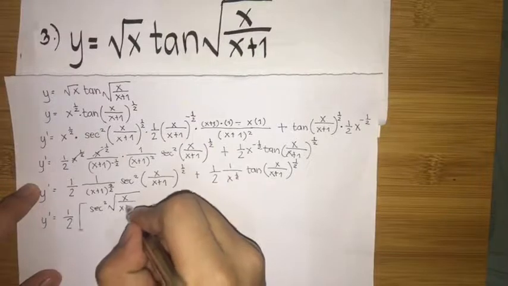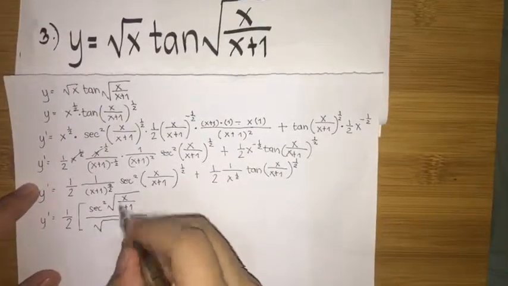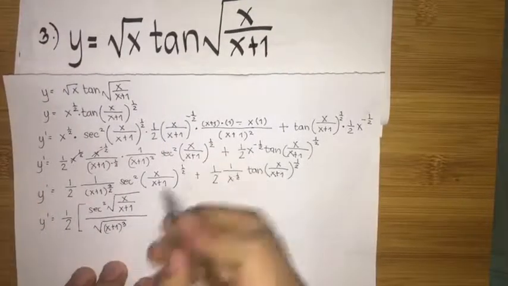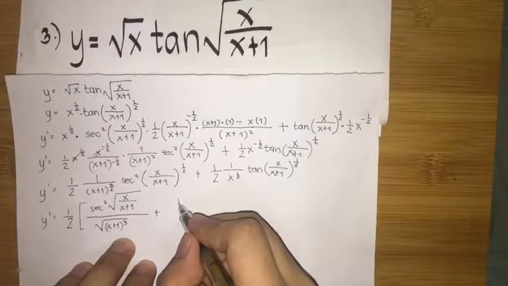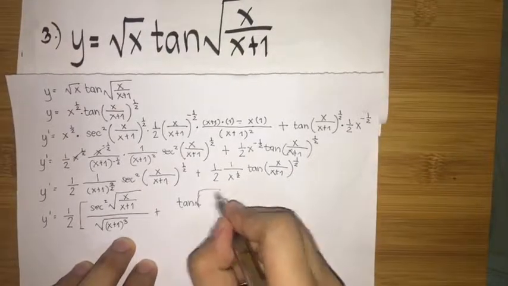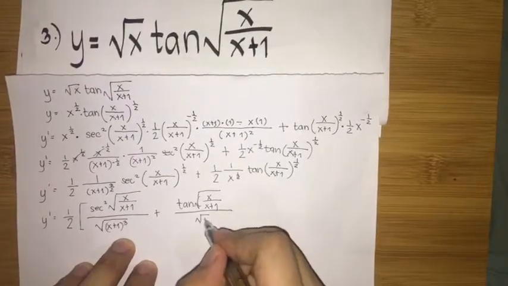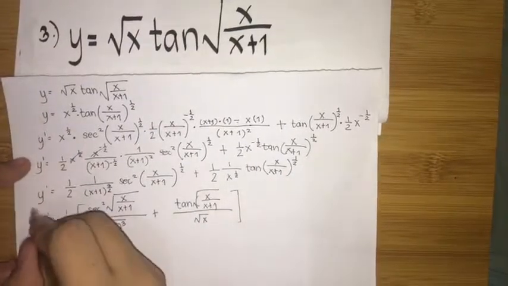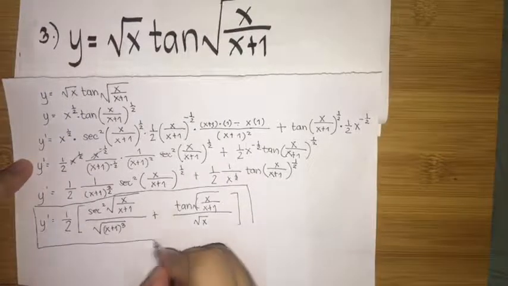So let's copy it over: square root of x plus 1, right, plus 1 over tangent square root of x over x plus 1 over square root of x. I think that is the final answer already. A very complicated answer.